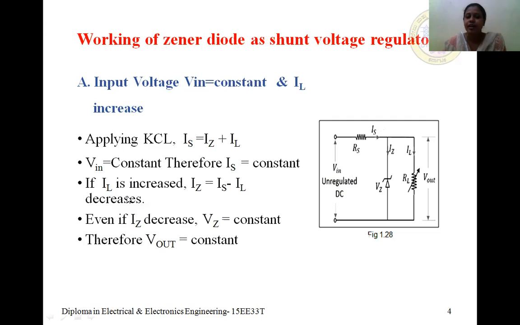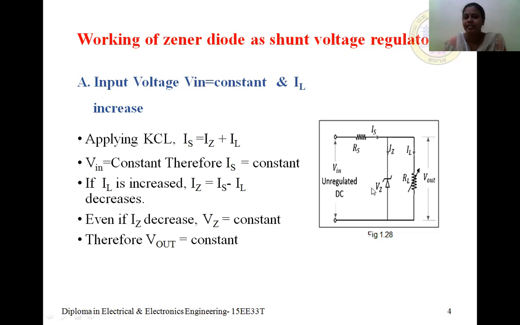Next, if IL is increased, from this equation, Iz is equal to Is minus IL. So this Iz decreases now. Even if this Iz decreases, the voltage Vz is constant. So this is the characteristic of the Zener diode.